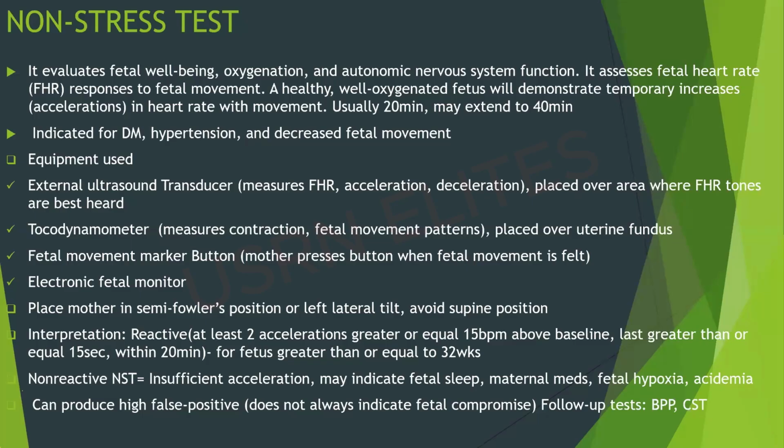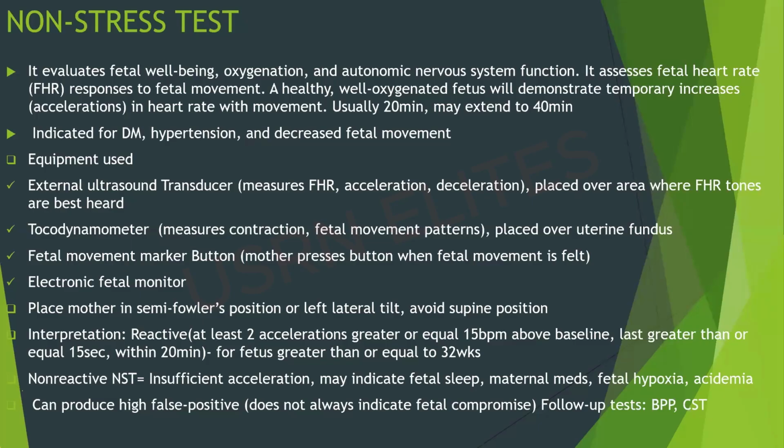And then within the next 5 minutes, 10 minutes, we also see child movement and we get another acceleration. So we should get at least 2. The least that you should get within 20 minutes is 2 accelerations.